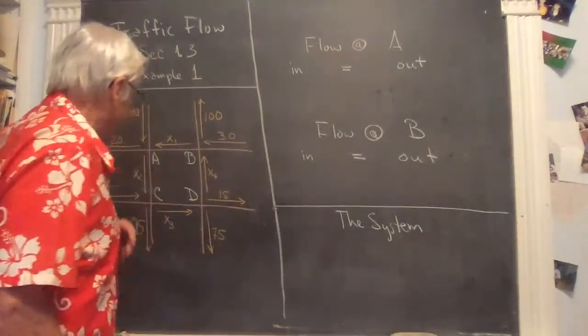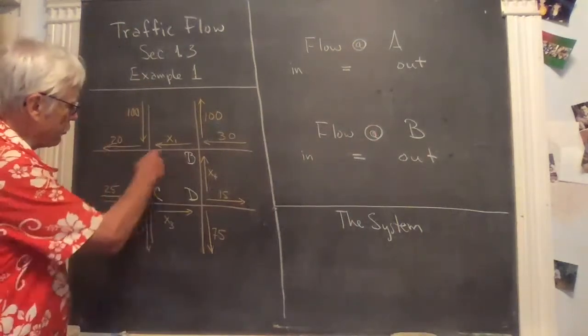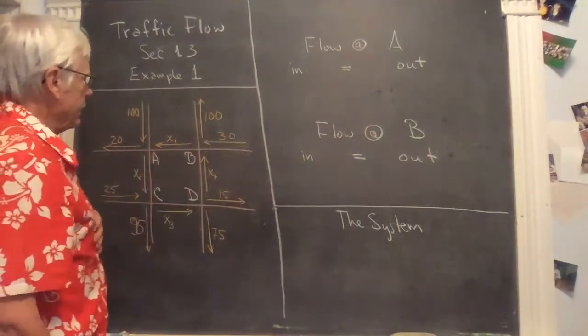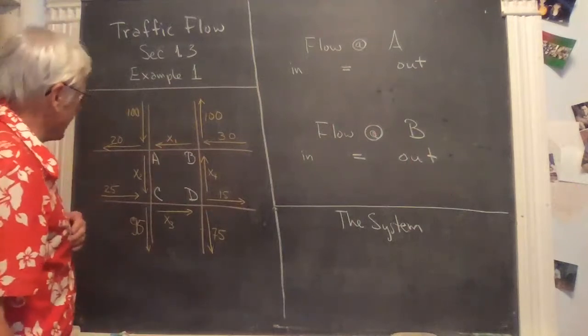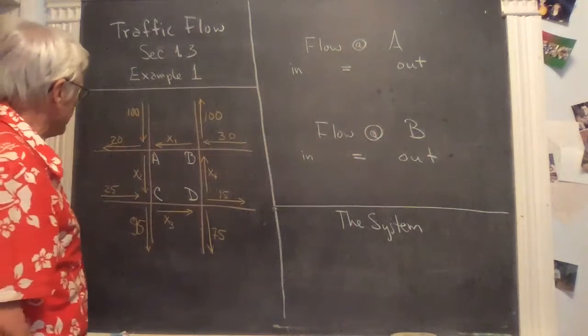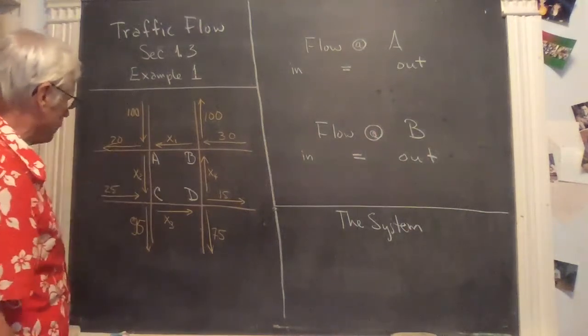Here's the idea. This is a town square, so people can drive around it. And you monitor the traffic on the outside. So here's 100 cars coming in a 15-minute period, 20 cars leaving this way.